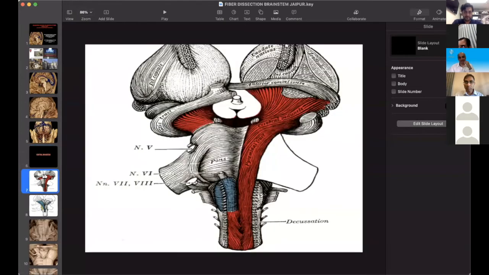If you see this classical picture of the ventral brainstem, the pons is the most prominent region, as we already know.